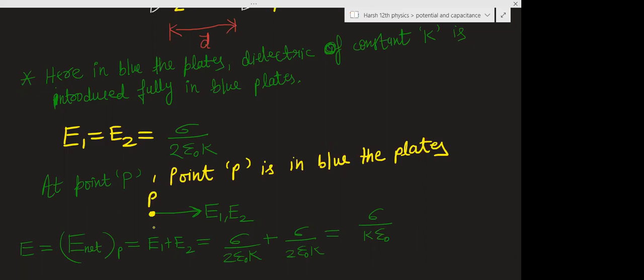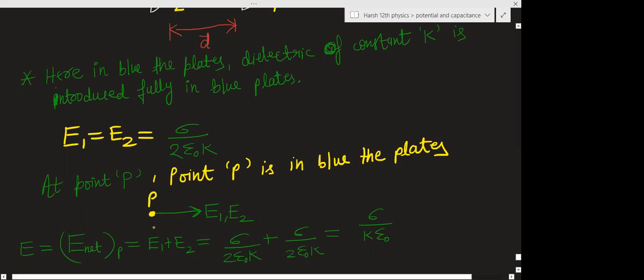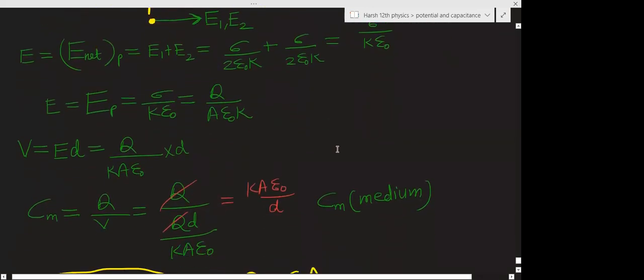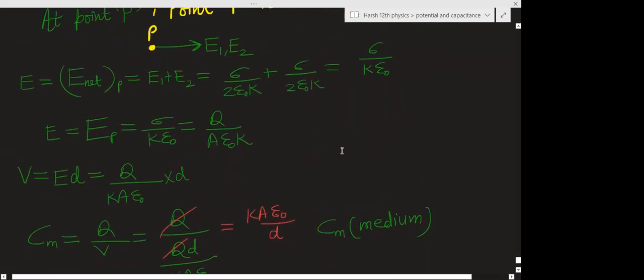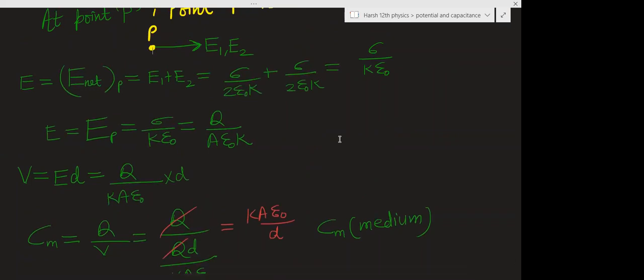After the capacitance, we have a very easy chapter: current electricity. Very, very easy. In comparison to electrostatics, current electricity is very easy. No, sir, electrostatics was much easier. Okay, when I teach you, you will find it very easy.